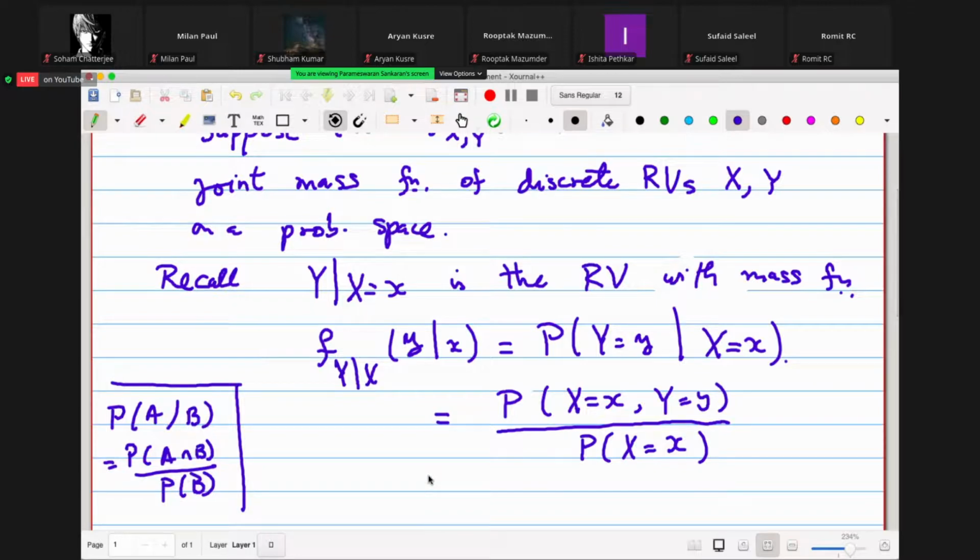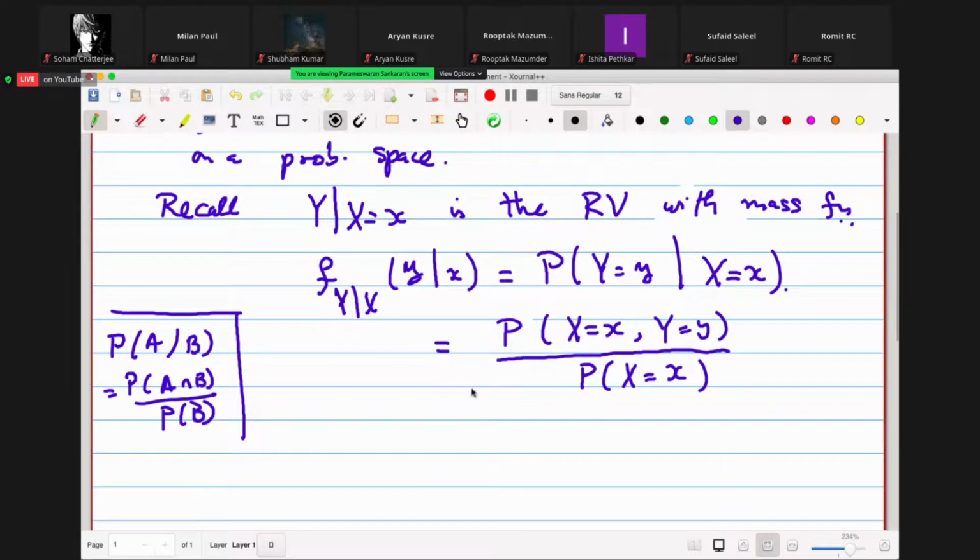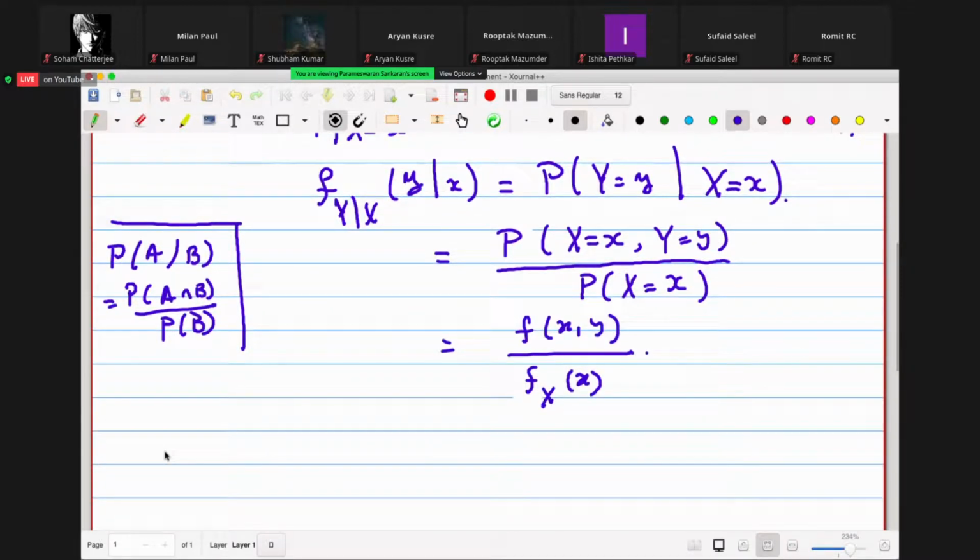Okay, so this is the thing. And this is exactly equal to f of x comma y divided by f_X(x).